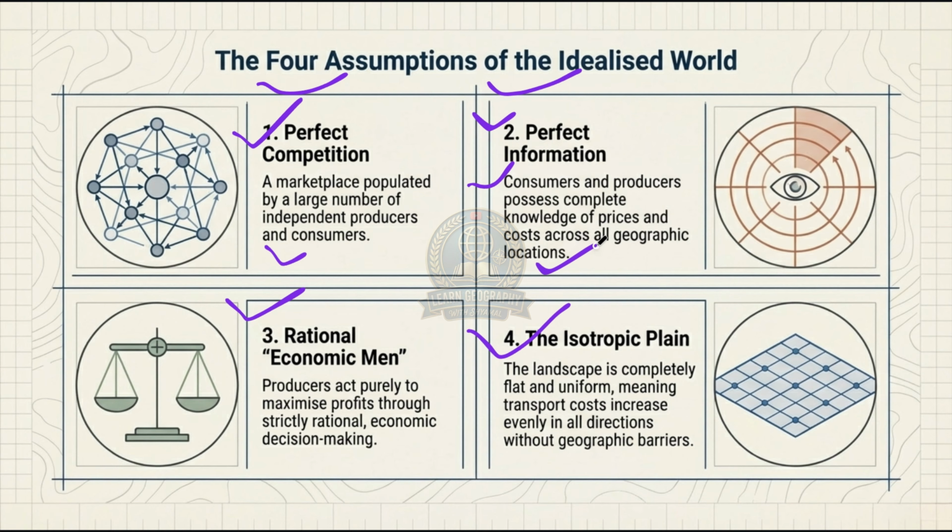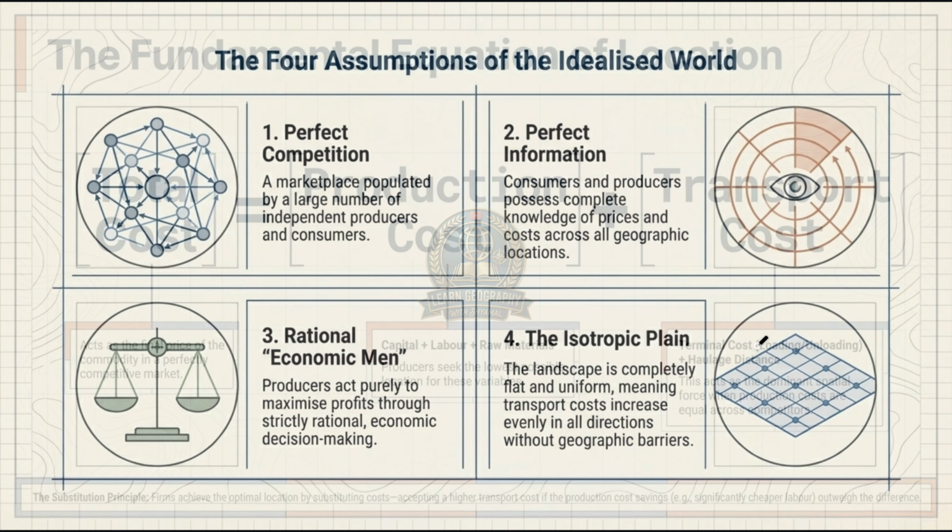Then rational economic man: producers act purely to maximize profits through strictly rational and economic decision making. And lastly, the isotropic plane: the landscape is completely flat and uniform, meaning transportation cost increases evenly in all directions without geographic barriers. Okay, this is a plane area, no geographical ups and downs.